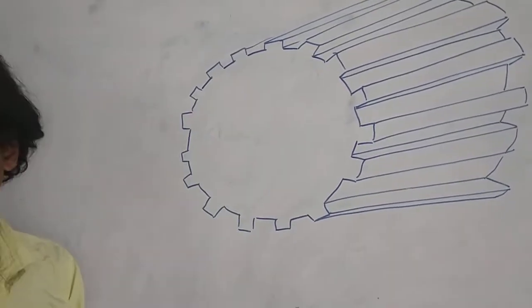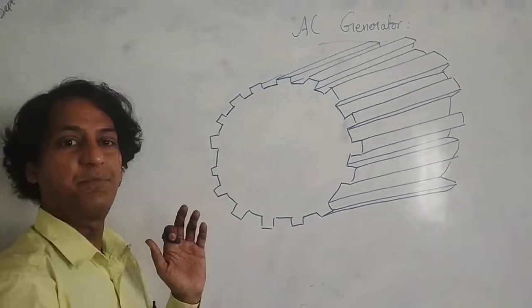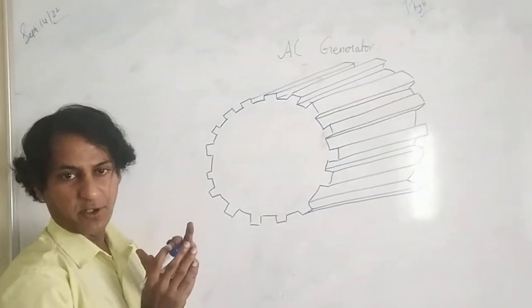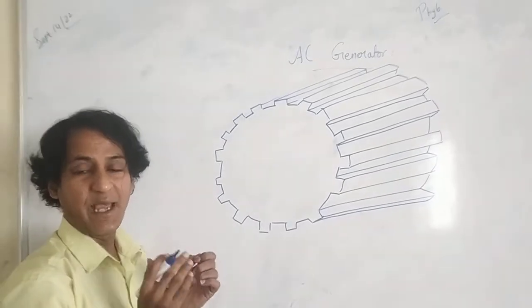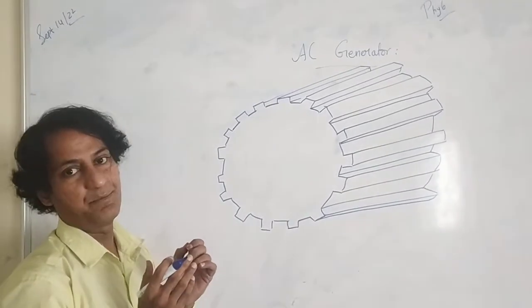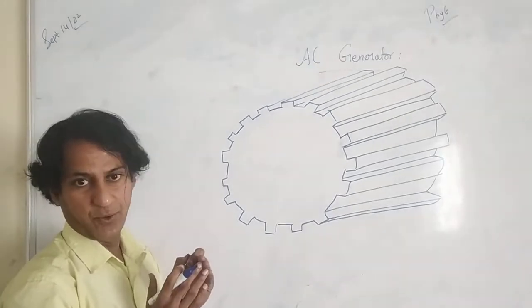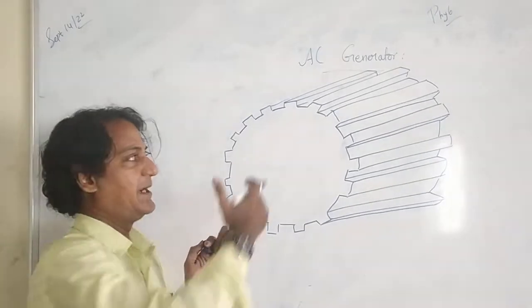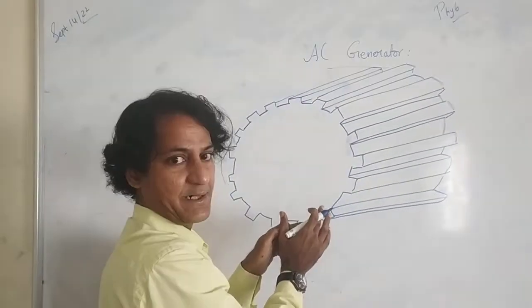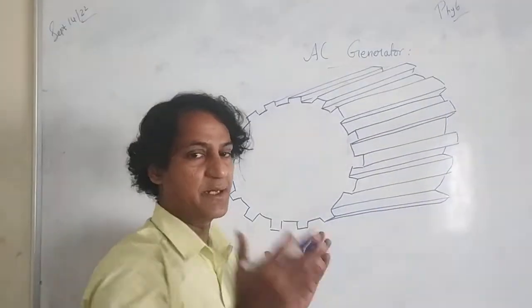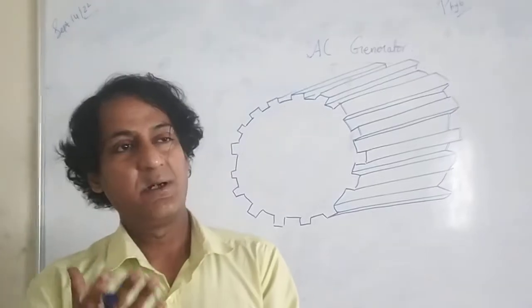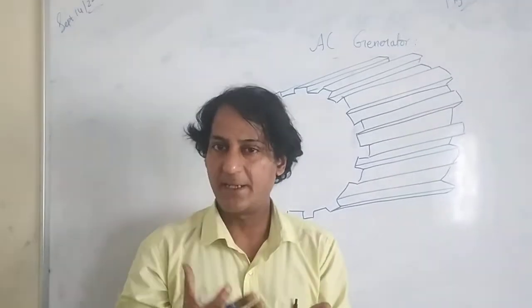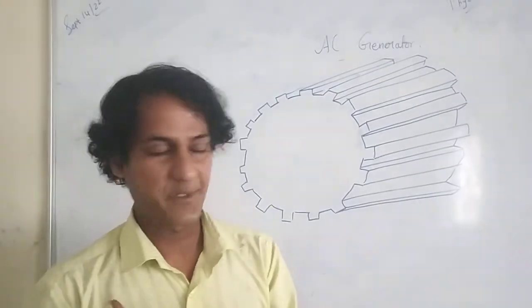So this is the armature. This is made up of a complete solid soft iron core. But we always need to go for a laminated sheet of soft iron core. Whenever the laminated sheets are combined together, between each laminated sheet we need to insulate by using oil or mica or paper, right?